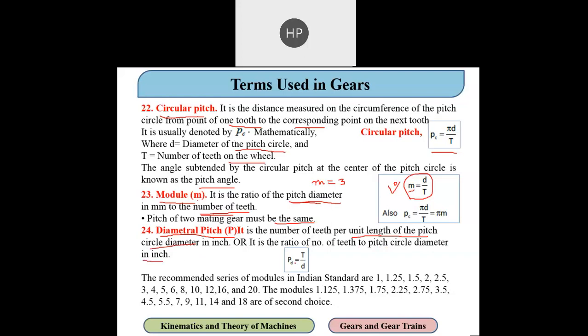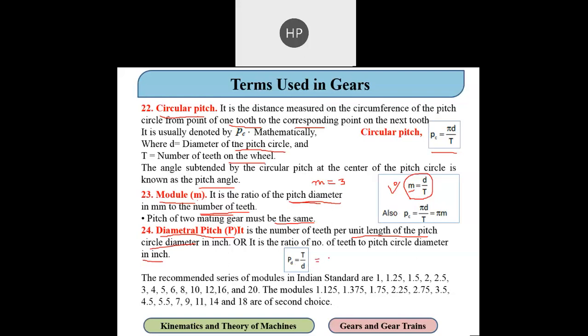Okay, so PD, diametral pitch, is equal to T by D. Here module is D by T, whereas diametral pitch is T by D.